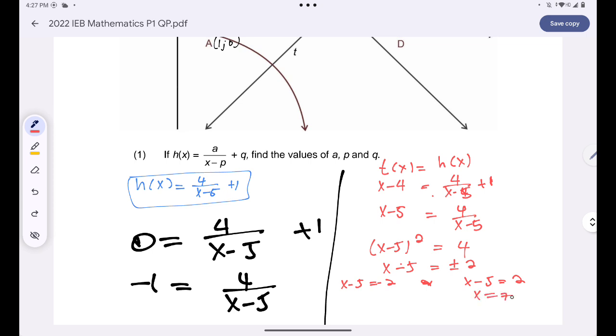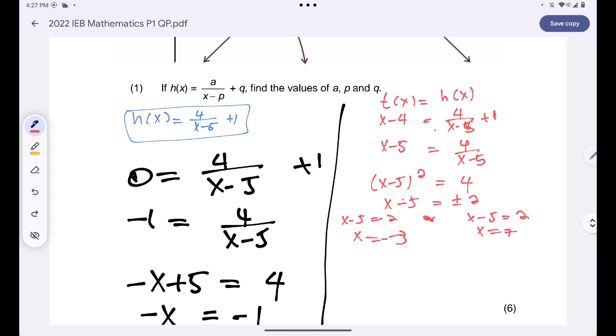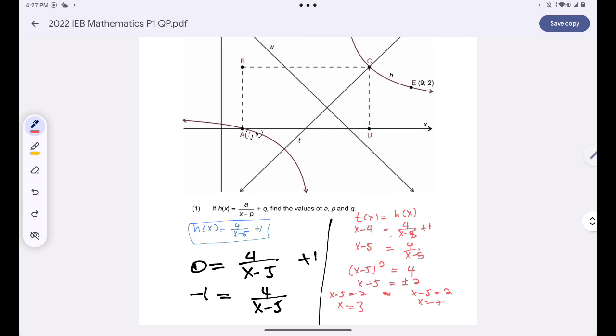So x is equal to 7, and this side x is equal to negative 3. So this one, is it equal to negative 3? No. It's not equal to negative 3. It's equal to positive 3, because I'll have negative 2 plus 5. Okay. So it simply means that the 3 is in here and the 7 is there.